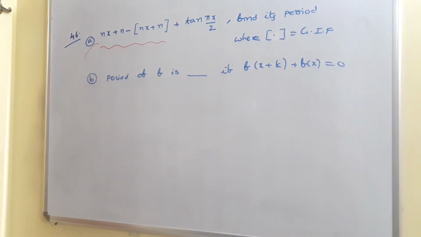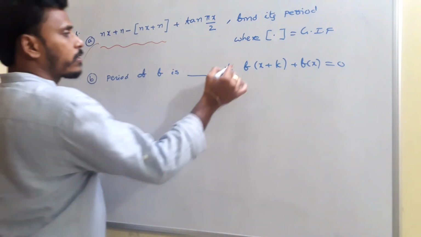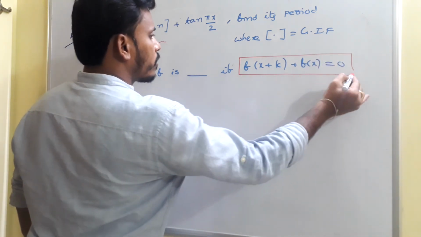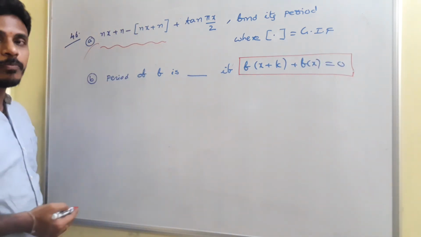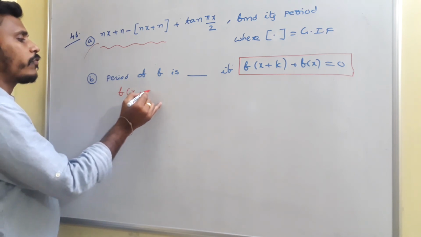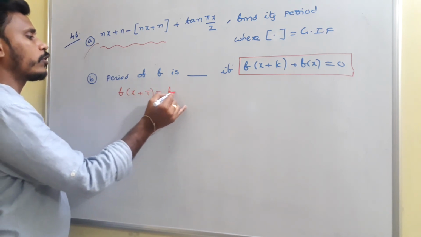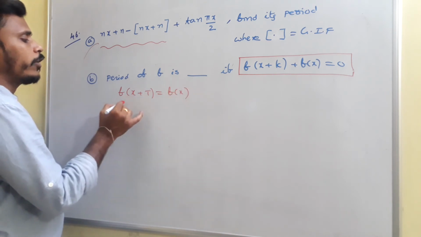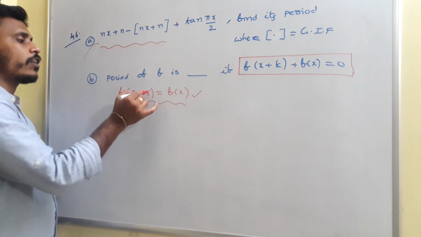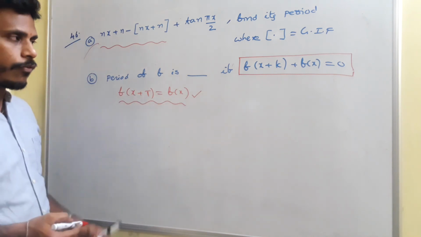So we need to find the period of f if f of x plus k plus f of x is equal to 0 is given. To find the period, what do we need to identify? We need to identify that f of x plus t is equal to f of x. If f of x plus t is equal to f of x, then we say this t is the period of f.